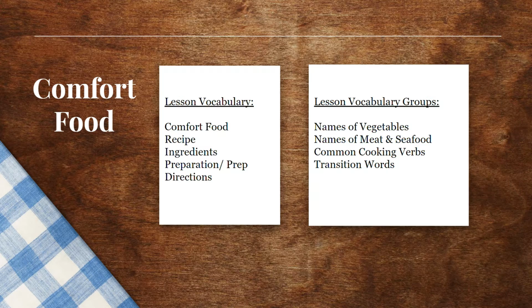Let's go. In today's video, we will cover and talk about this lesson vocabulary. The vocabulary words we will learn today are comfort food, recipe, ingredients, preparation or prep, and directions.